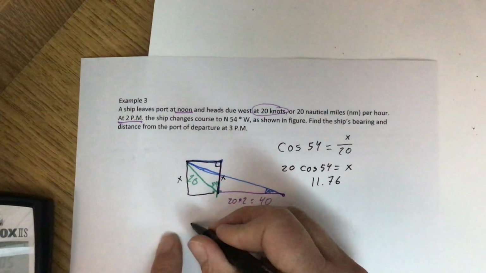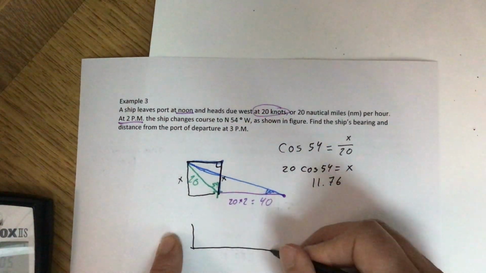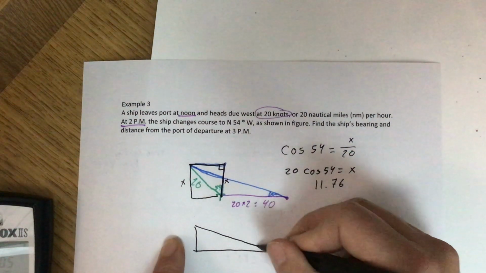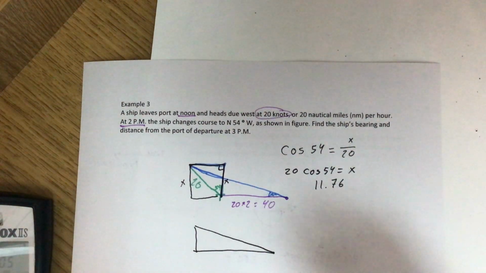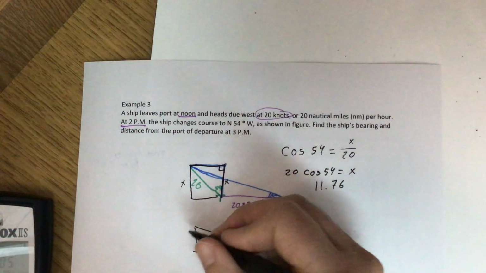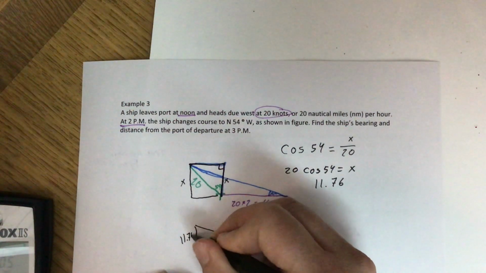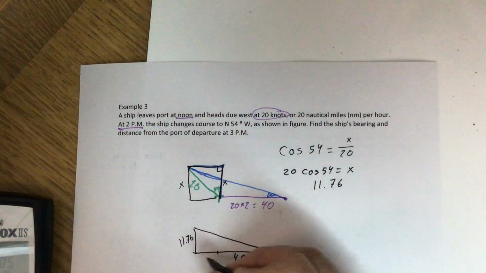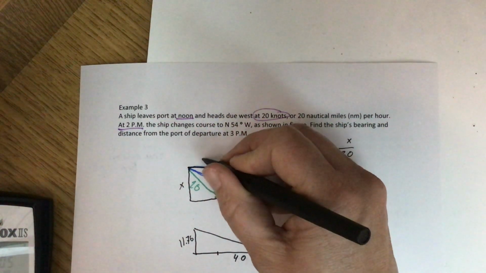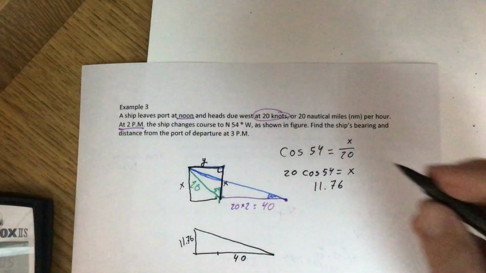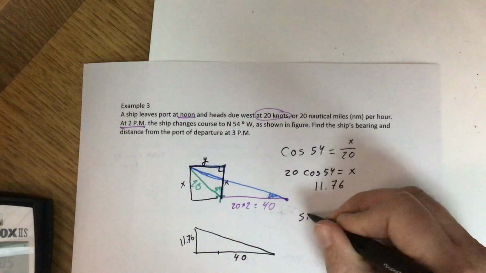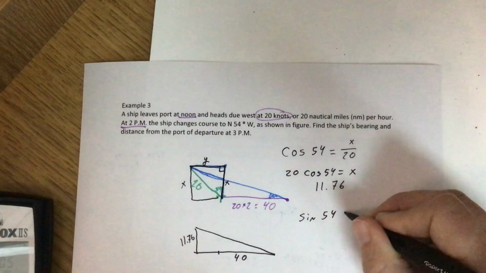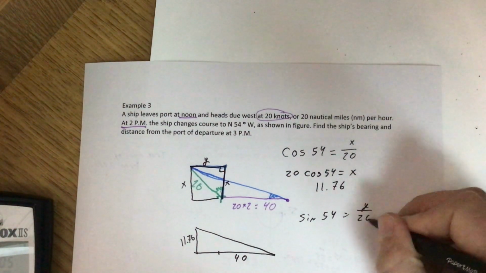Now, if we think of that big triangle, I know this is the 11.76. This is part of the 40, but the other part is going to be this other piece of that triangle. So I'm going to find it by doing sine of 54 would give me y over 20.